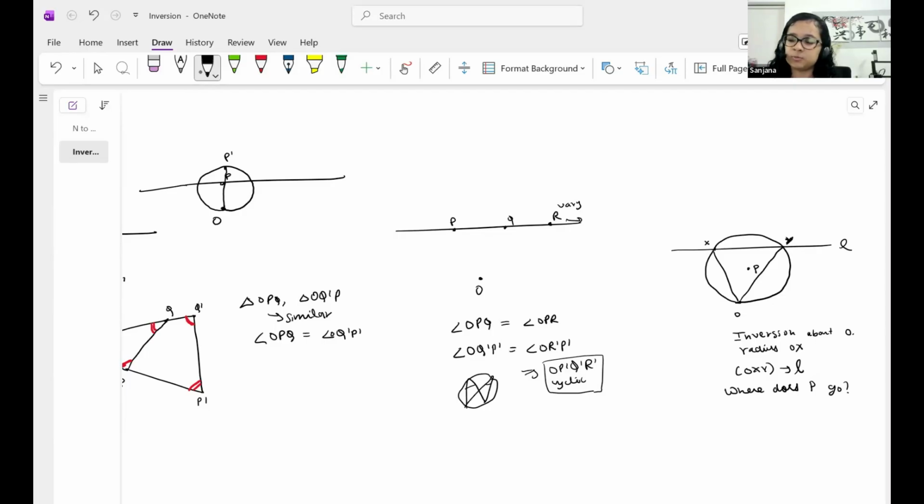Yes, the point someone mentioned before, which is the foot from O to this line, let's call it Q. Maybe showing what the inverse of Q is might also be useful.